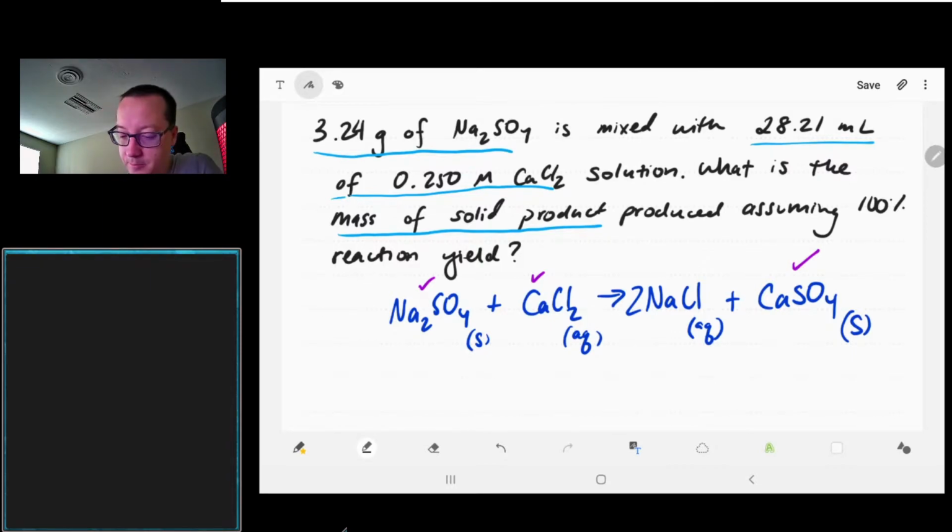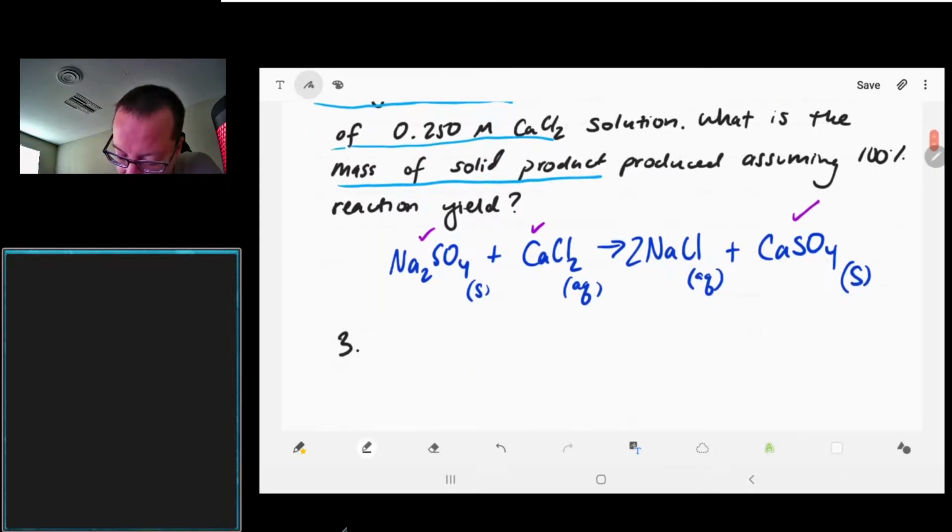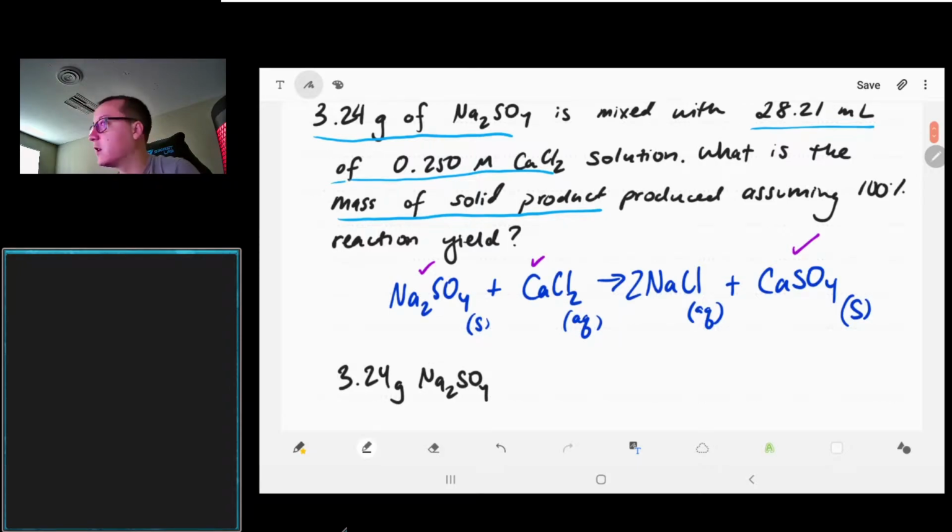So that would tell us, okay, we have to take our first one and convert this into grams of calcium sulfate, which we can do. I'm going to quickly look up the molar masses because nobody wants to waste time on that. Sodium sulfate is 142.04.